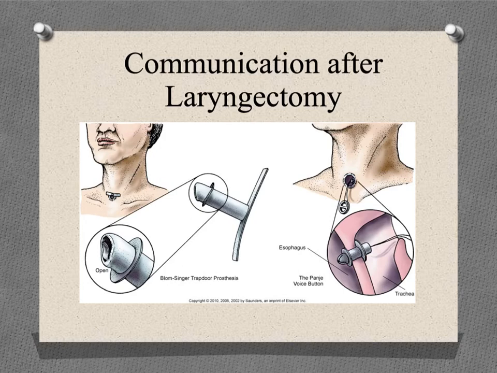And so we have to create alternate ways for them to communicate, because you have to have your vocal cords in order to make sound and speak. So this is just an example of an artificial way; it's almost like artificial cords, like a prosthesis, in order to have the ability to communicate again.